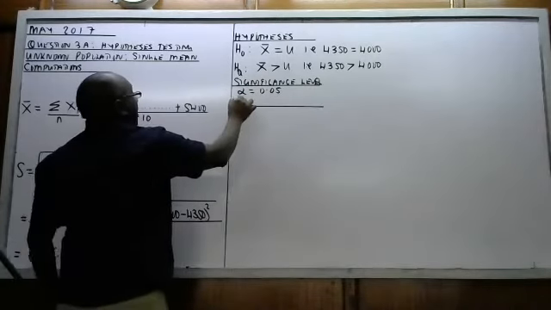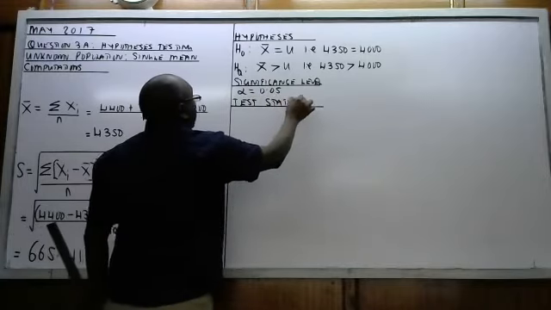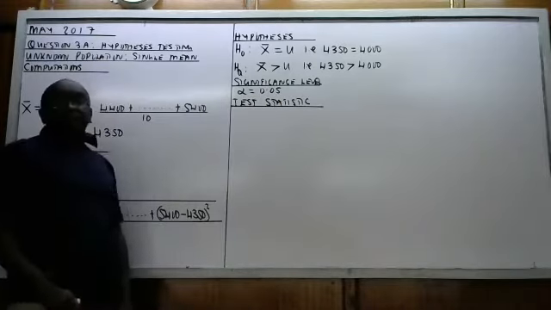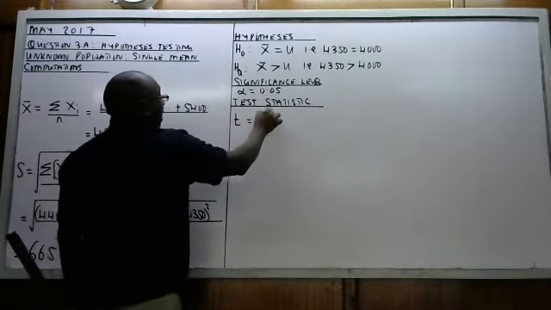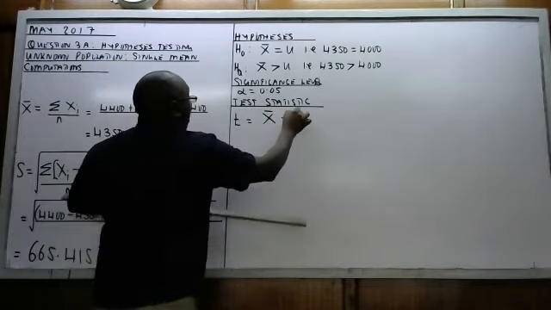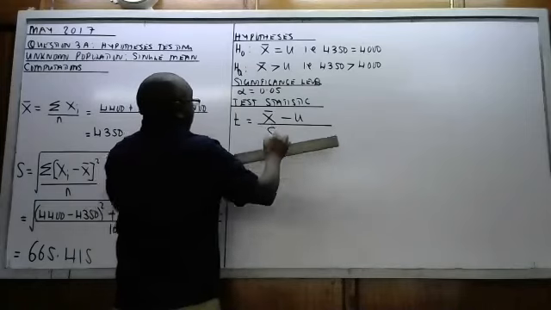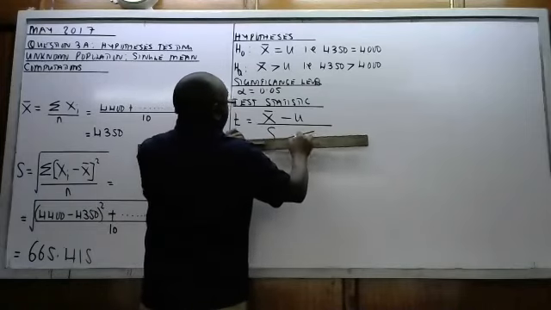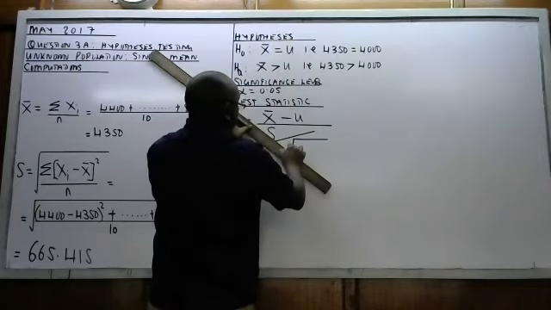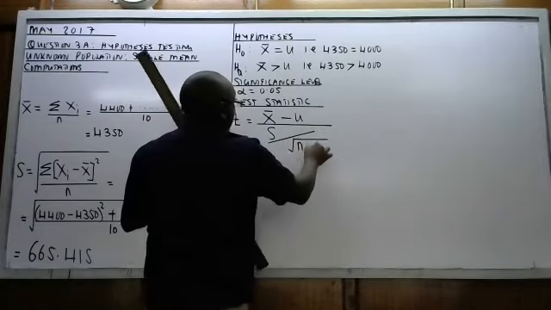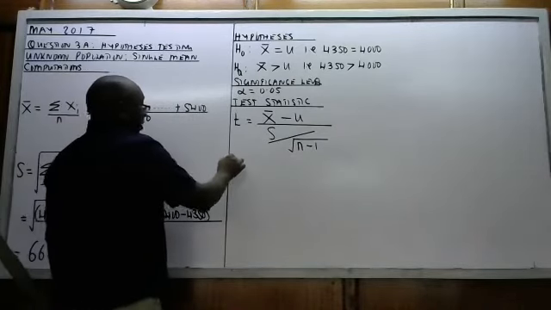Next is the test statistic. So T is given as X bar minus mu, you divide this by S, which is divided by the root of n minus 1.